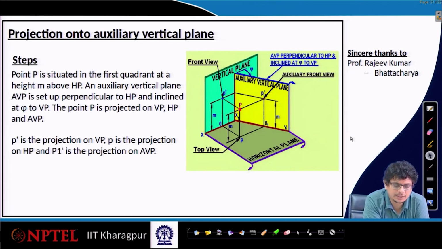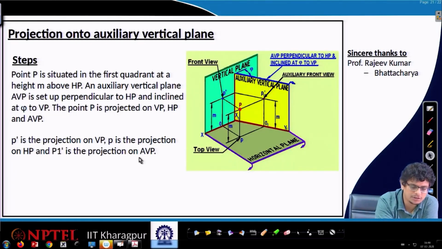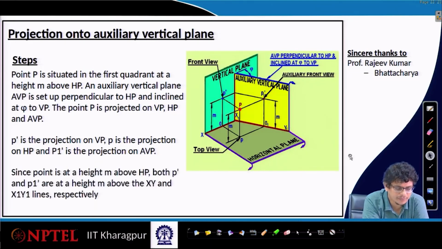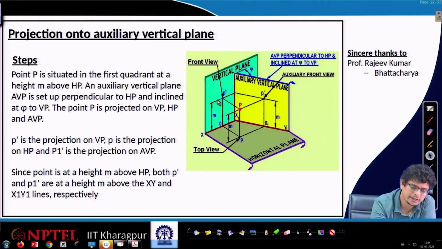P prime is always the projection on VP and P is the projection on HP. P1 prime is the projection on AVP, the auxiliary vertical plane. And true lengths, where we will find especially the height above the horizontal plane for such kind of points.